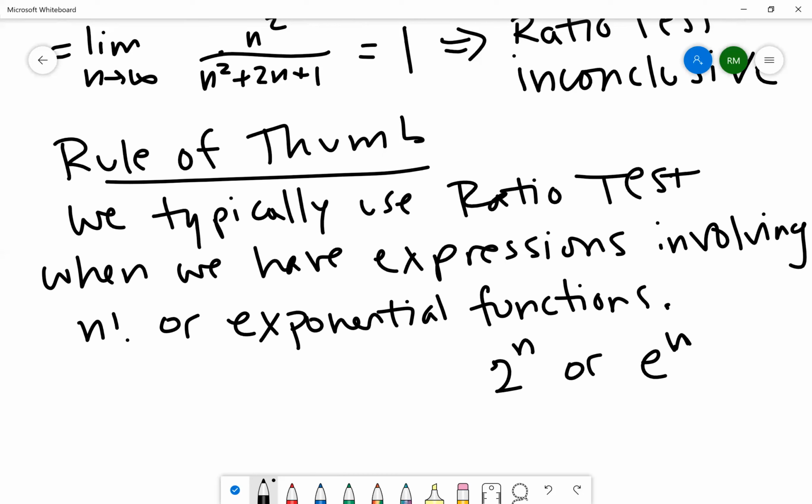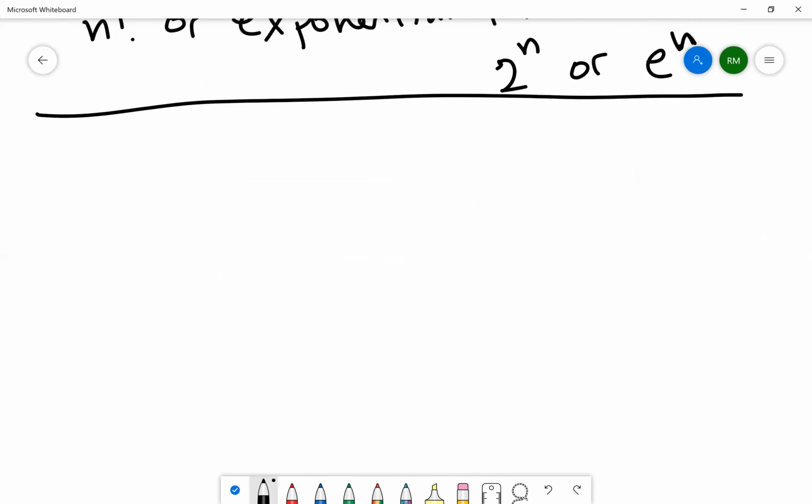All right, so now it's your turn to work a couple examples. I'll give you a few minutes to do it, and then I'll tell you whether they converge or diverge. I want you to use the ratio test, pause the video, and figure out: do they converge or diverge by the ratio test, or is the ratio test inconclusive?